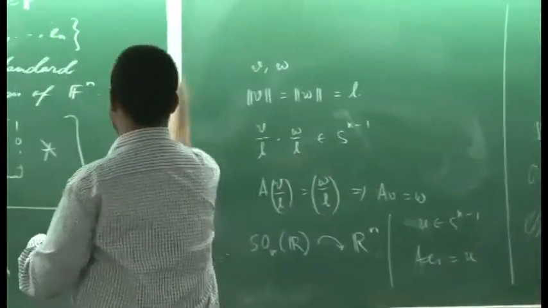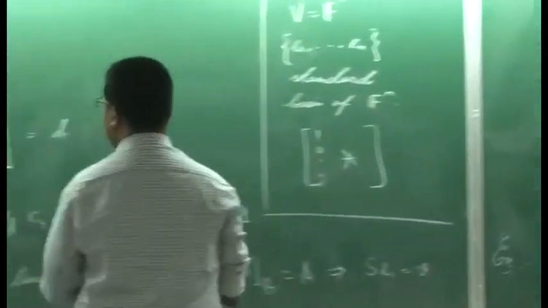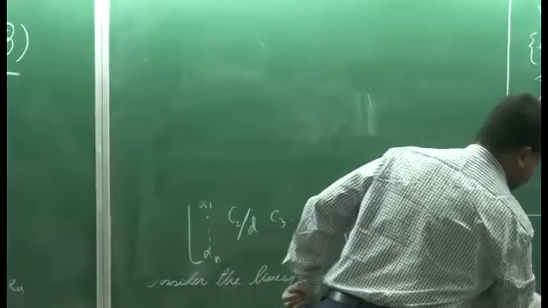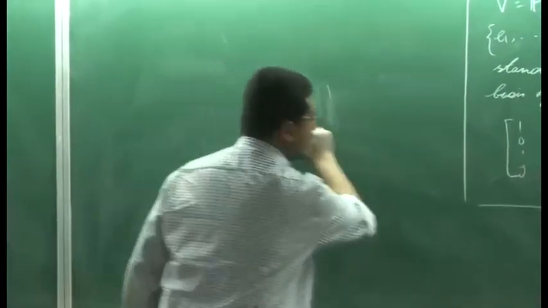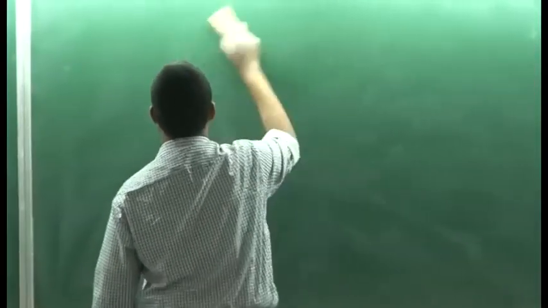Now, we will finish this lecture by asking what happens in the complex case. In the next lecture we will talk about some more examples of orbits and stabilizers by actions of linear groups.